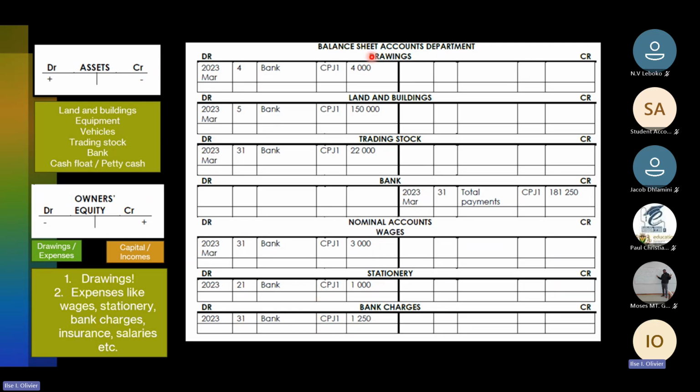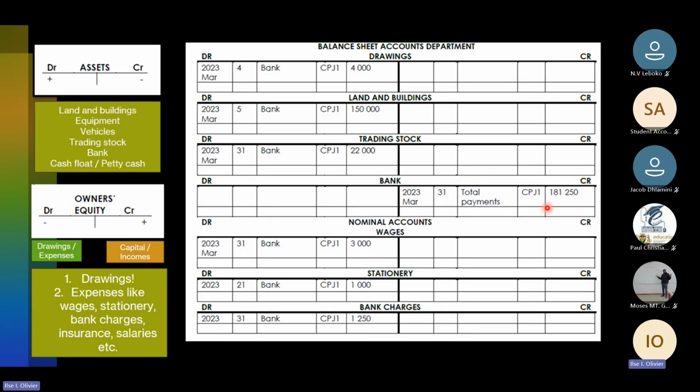If we take the 4,000 Rand of drawings and the 150,000 Rand of land and buildings and the 22,000 of trading stock and the 3,000 of wages and the 1,000 for stationery and the 1,250 for bank charges, and we add it up, it must give us the 181,250. And that shows that we completed the double entry method rule that is important for a general ledger.